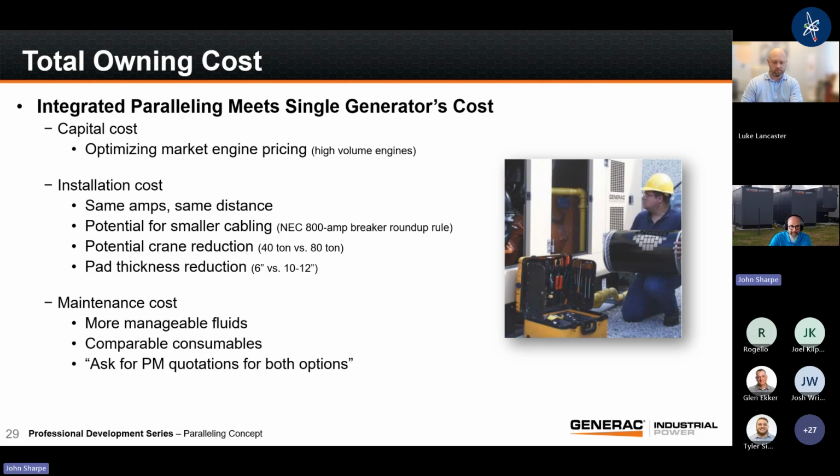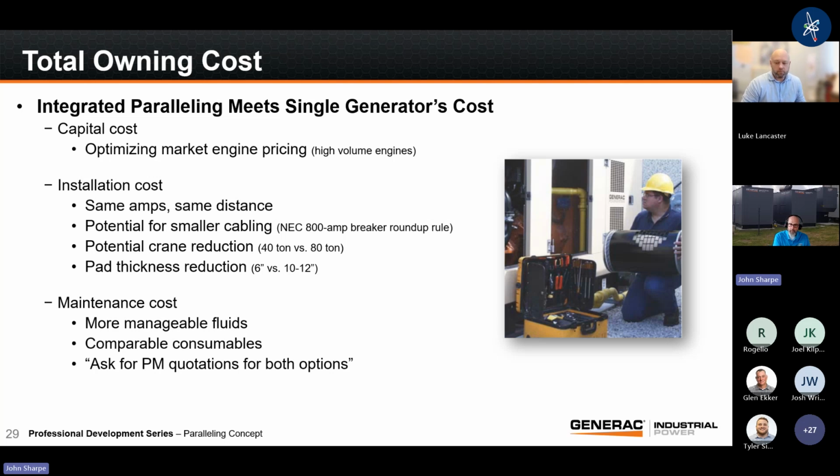You look at it from a maintenance cost standpoint, as I mentioned, oil and filters and things like that. That 2 meg has 110 gallons of oil, 110 gallons of antifreeze. A 500 kW generator has 12.5 gallons of oil. So 4 500s is 50% of the oil that you would use in a single 2 meg. It's a differently designed engine, right?